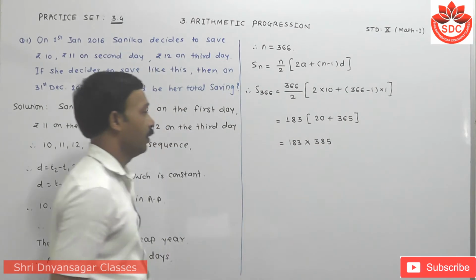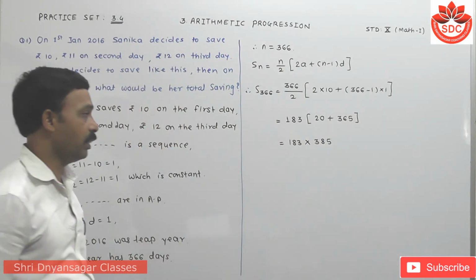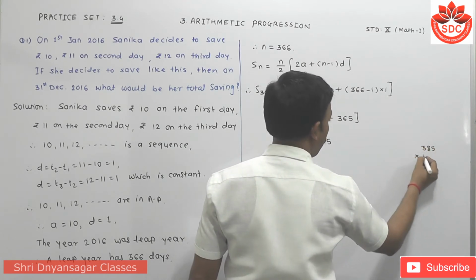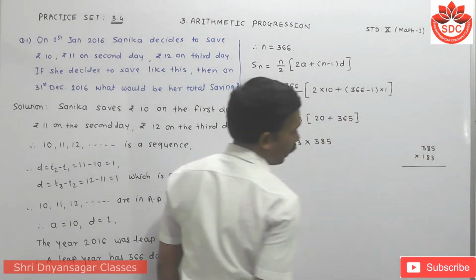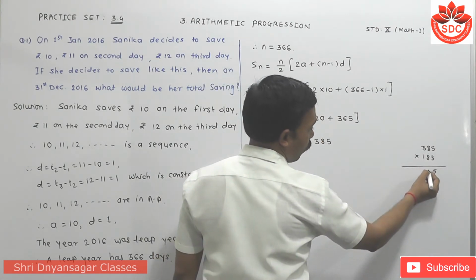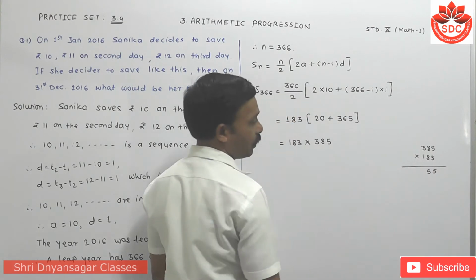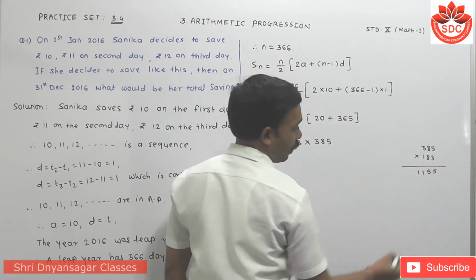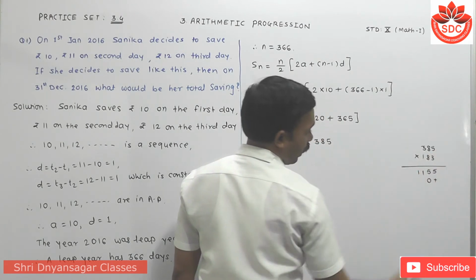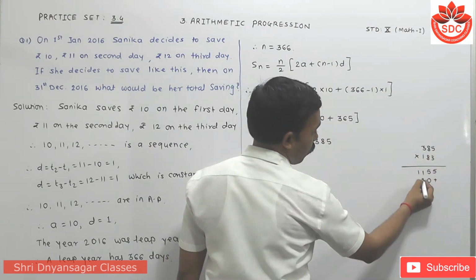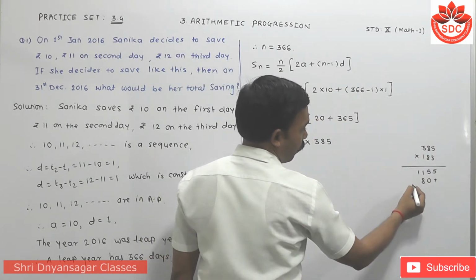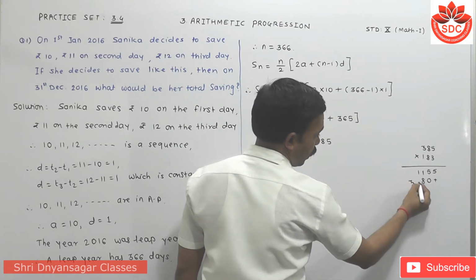Now students, I have to find out this product here, 183 into 385. Now we take 3 5s are 15, carry 1, 3 8s are 24 plus 1 is 25, carry 2, 3 3s are 9 plus 2 is 11. Then here is 0, 8 5s are 40, carry 4, 8 8s are 64 plus 4 is 68, carry 6, 8 3s are 24 plus 6 is 30.